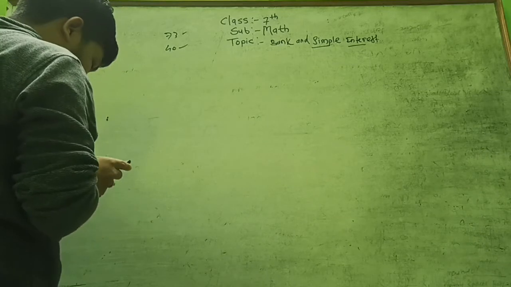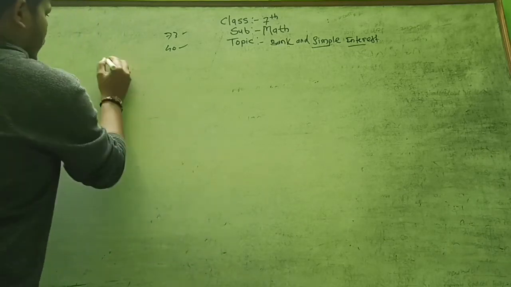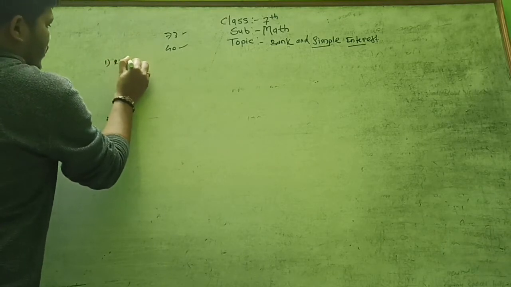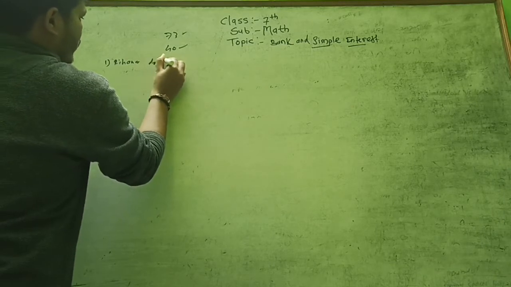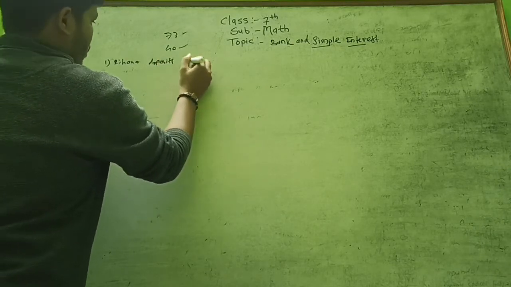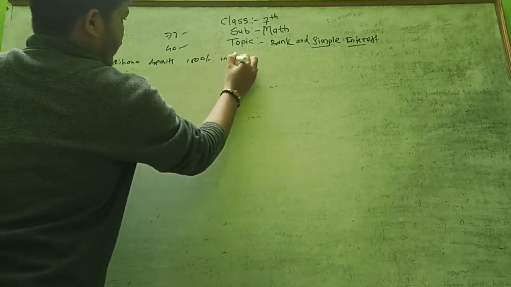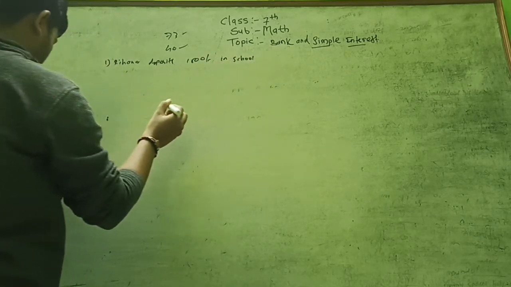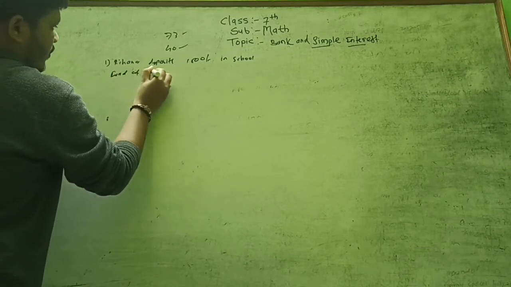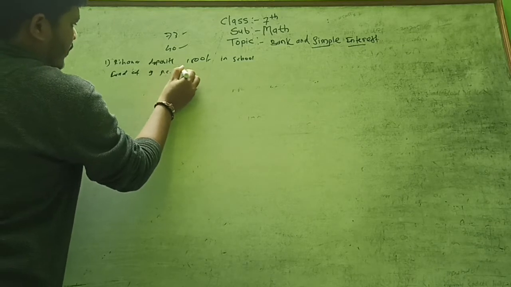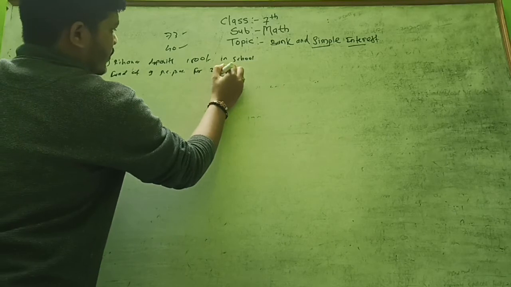So what is our first problem then? Rihanna deposits 1500 rupees in a school fund at 9% per annum for the time period of 2 years.